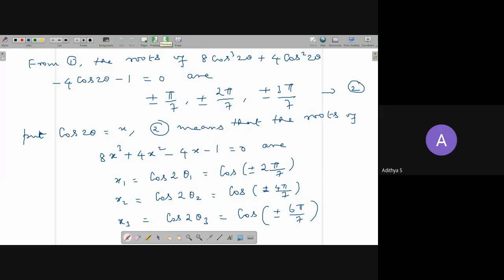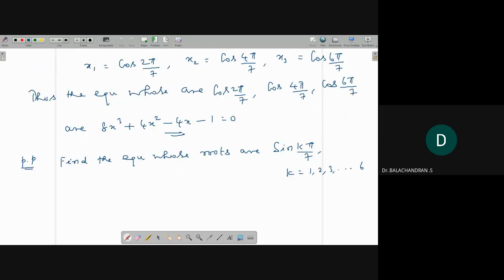So x minus cos 2 pi by 7 will be a factor of the equation, no, sir? Yes, this is a root of this equation, which means x minus that is a factor. So if we multiply the three factors, we can directly get the equation, no, sir?